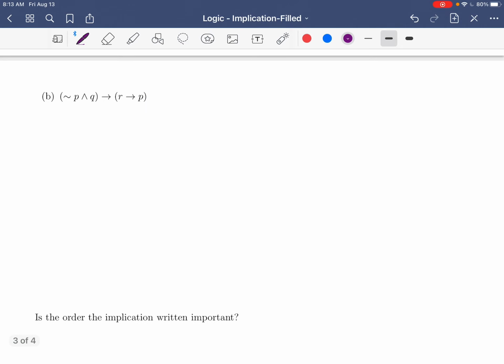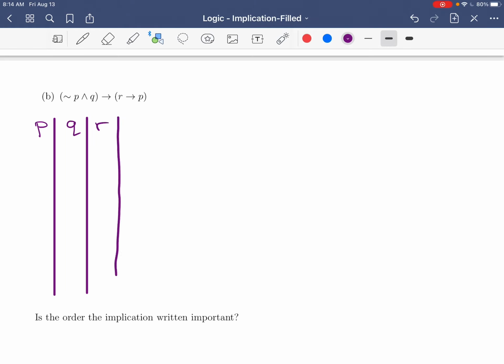Now another one where we have three variables. So I have a P, a Q, and an R. That means I'm going to have three variable columns, and I'm going to have more than 4 rows. I'm going to have, in fact, 8 rows.